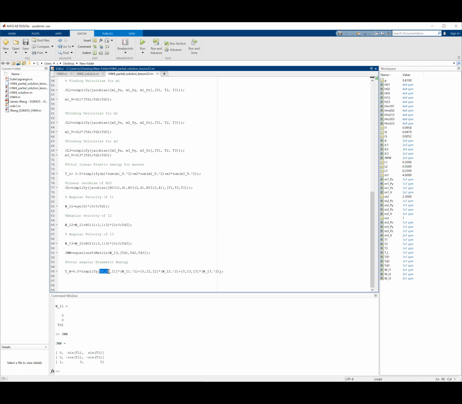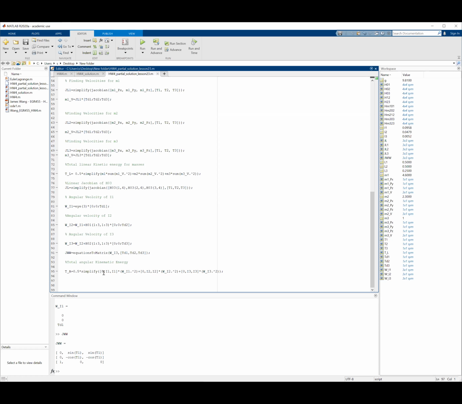What I have here is Ixx1, Iyy1, Izz1 multiplied with omega x1 square, omega y1 square, and omega z1 square. So this is actually a dot product that I showed a minute ago.